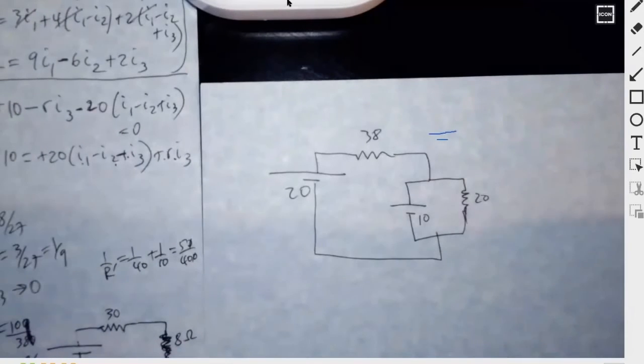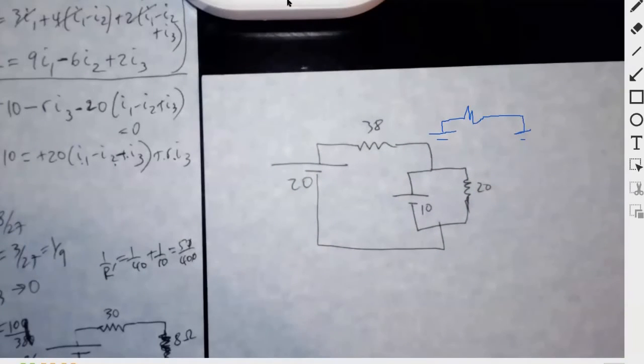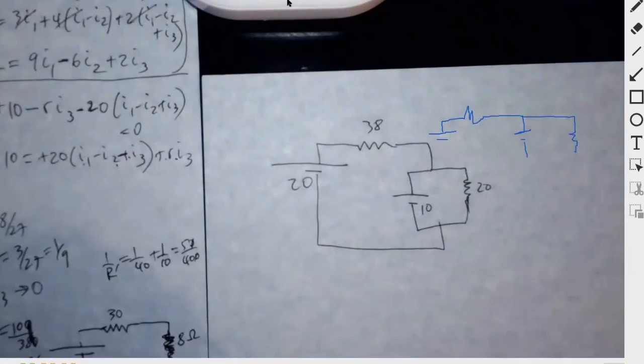Then resistor. Okay, so then we have a 20 volt here at 0, and then our 10 volt here, right? So you're redrawing it with the 10 and the 20 in parallel.